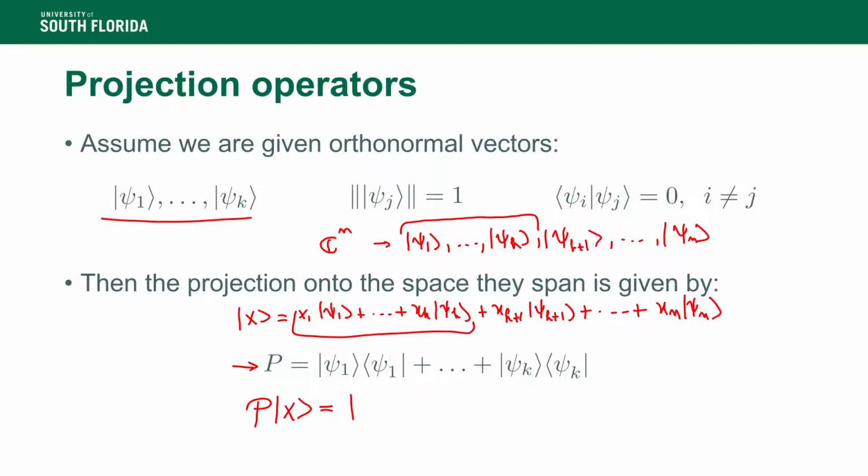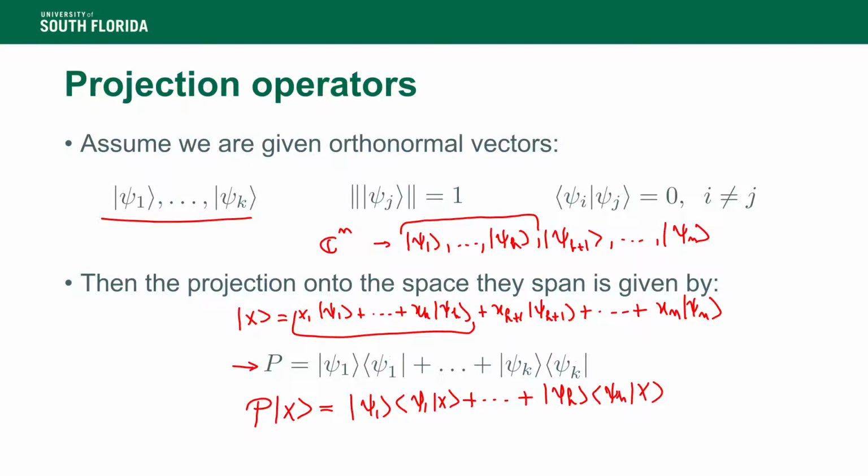What we have is precisely psi 1 times the inner product of psi 1 and x plus dot dot dot until psi k times the inner product of psi k with x.